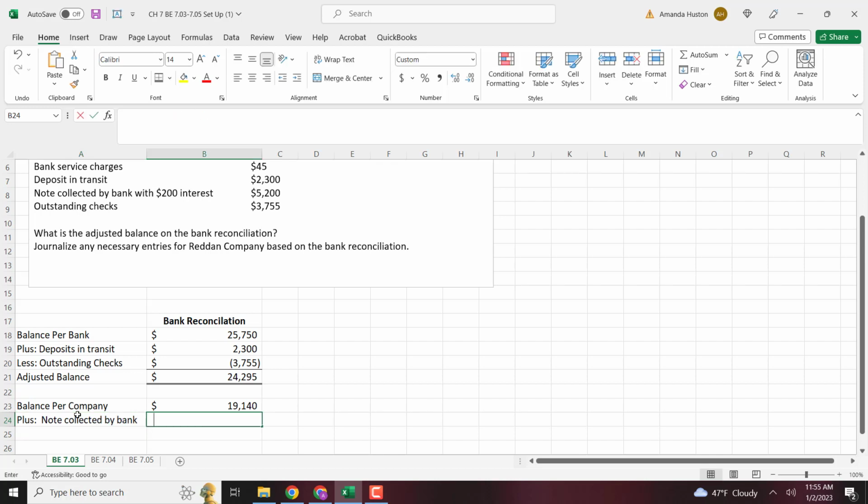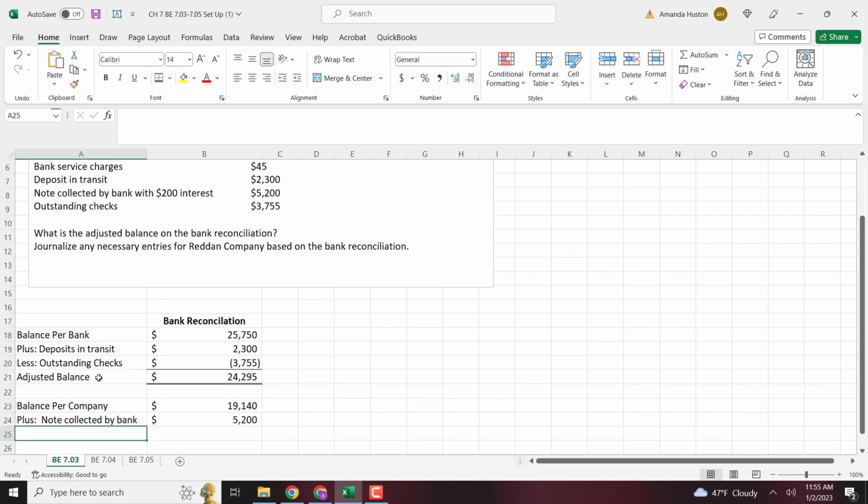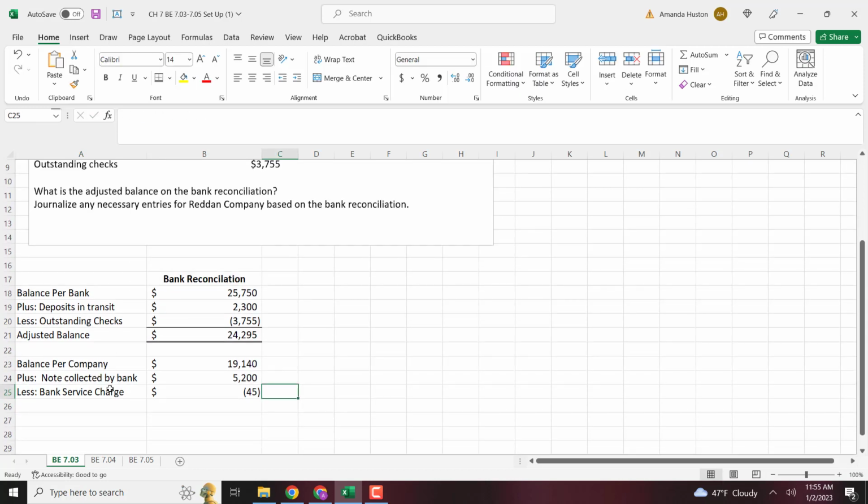So the note collected by the bank, including interest, is $5,200. That means the bank collected a notes receivable for us and charged the interest. And then we're going to subtract bank service charge minus $45.